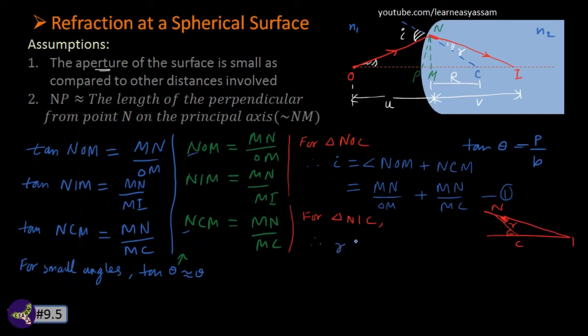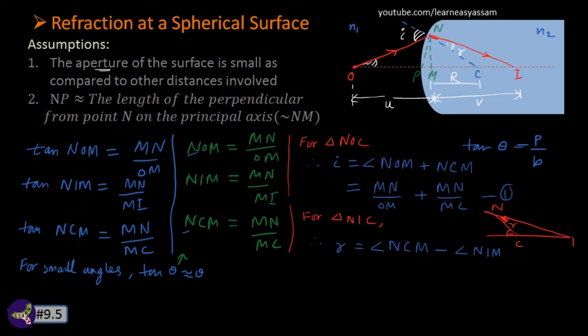angle R is equal to angle NCM, which is the exterior angle, minus angle NIM. This is the property of the exterior angle.